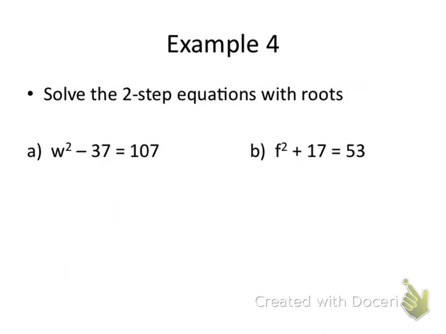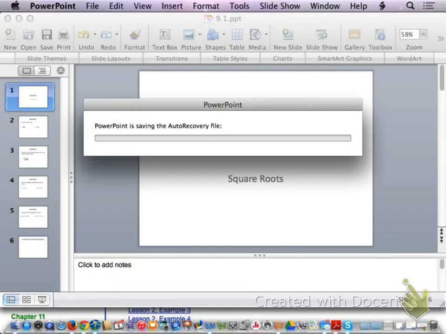And finally, a little bit of two-step equations with roots. We did do a little bit of two-step equations when we were solving for some of the missing angles inside of a quadrilateral. So when we see an equation that has something squared and then either added or subtracted, the first thing we want to get rid of is the added or subtracted number. So when you do the opposite of subtracting, let's try this again.